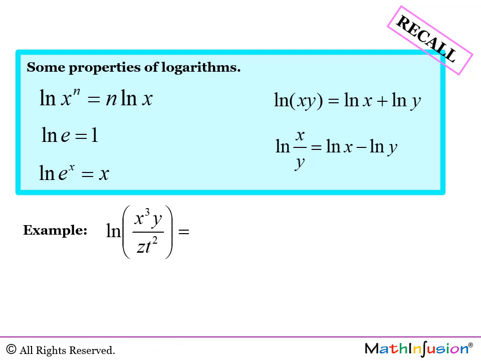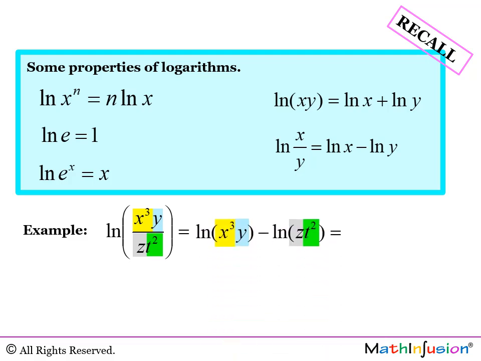Example, let's try to write this in a simplified way using ln's. Everything that is on the top of this fraction is going to be with a plus, and everything in the bottom of this fraction is going to be with a minus.